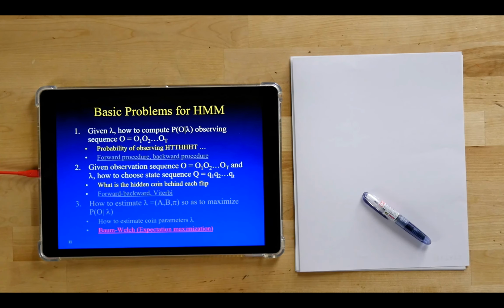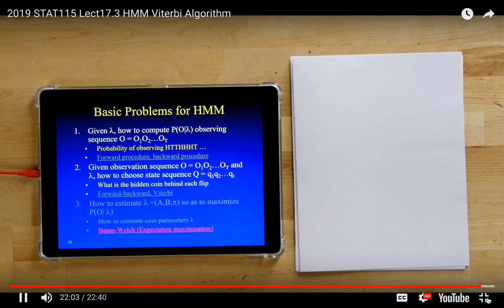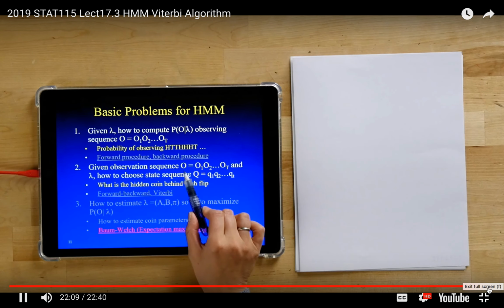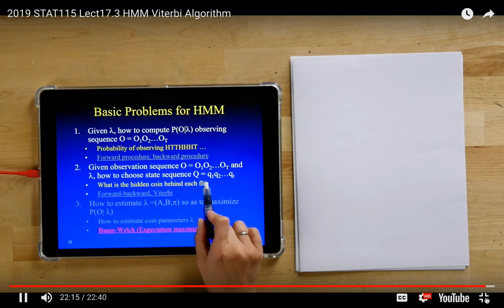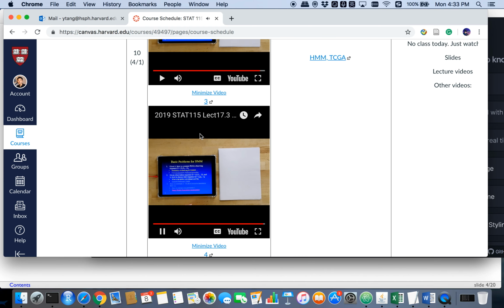So that's the second problem for a hidden Markov model: if we are given the parameters of a hidden Markov model and a string of observations, how to choose the sequence of paths or hidden states in order to see this observed sequence of coin flips.